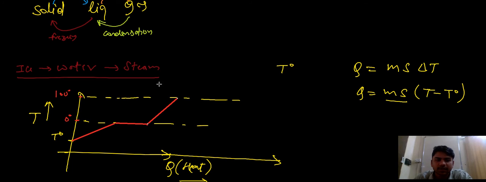Now the same thing repeats. At 100 degrees you have a critical point again, the boiling point. Once it starts boiling, your temperature will remain at 100 until you are done with the phase change. Once the phase change is complete, you again increase your temperature, and it goes on like that.